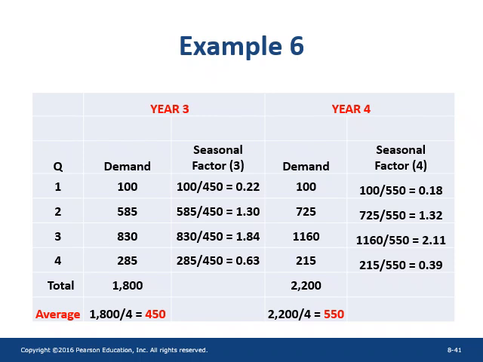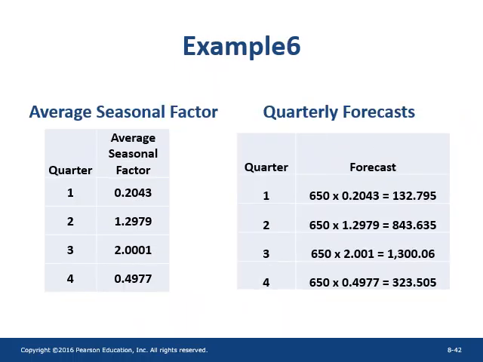And we'd do the same thing for quarters 2, 3, and 4. So there are the averages. In this case, you'll notice that the average seasonal factor for quarter 1 was 0.2043. And we've sort of averaged across the random fluctuations.